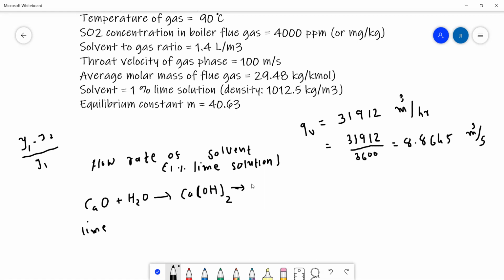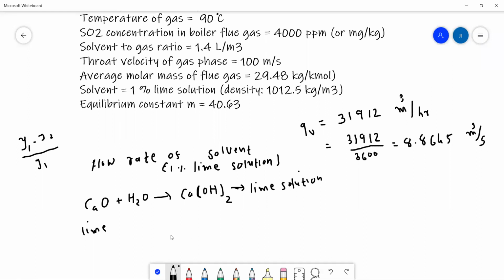This is the lime solution, Ca(OH)2, and its concentration is 1%. This is a weight by weight 1% solution.